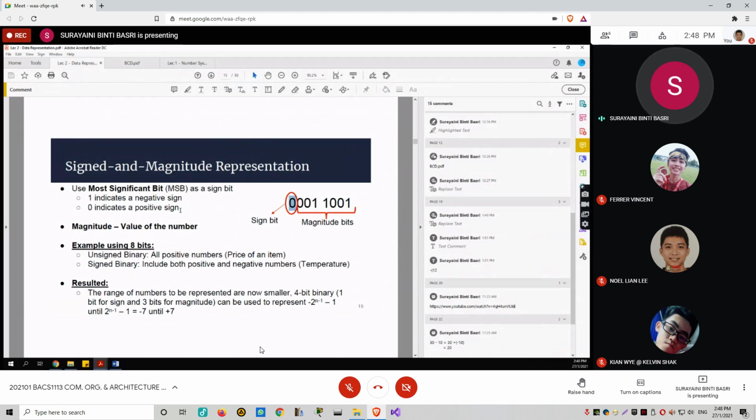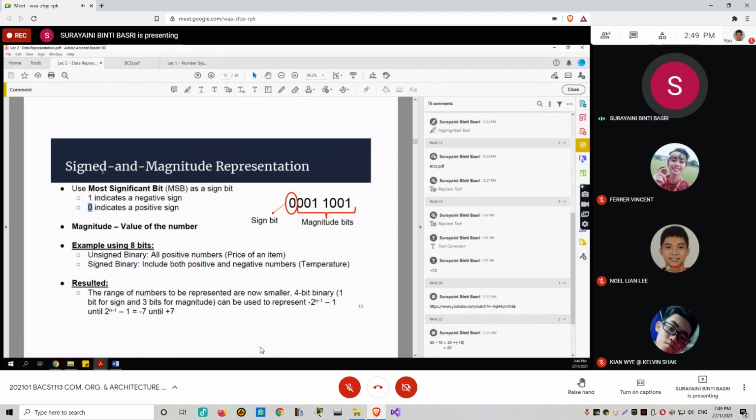The expert who created this method says that 1 will indicate the negative sign, and 0 will indicate the positive sign. Okay, so don't get confused, because usually 1 is positive and 0 is negative.